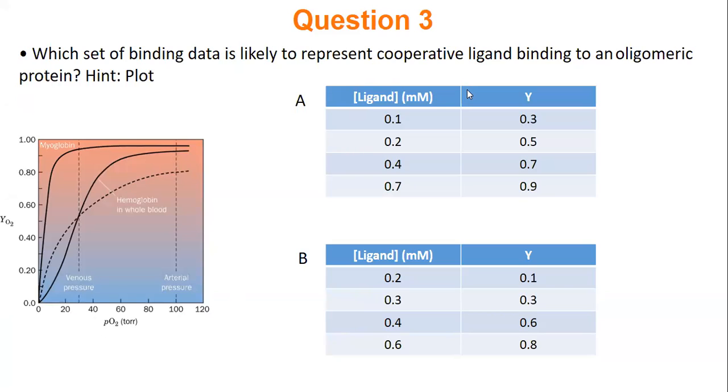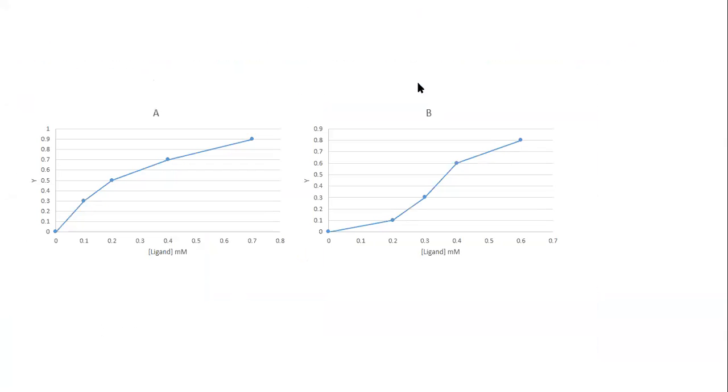So I already made these charts for us. If we were to compare graph A with graph B, which one do you think has cooperative ligand binding? I actually have a poll for this. Just by looking at A and B, which one has cooperative binding?